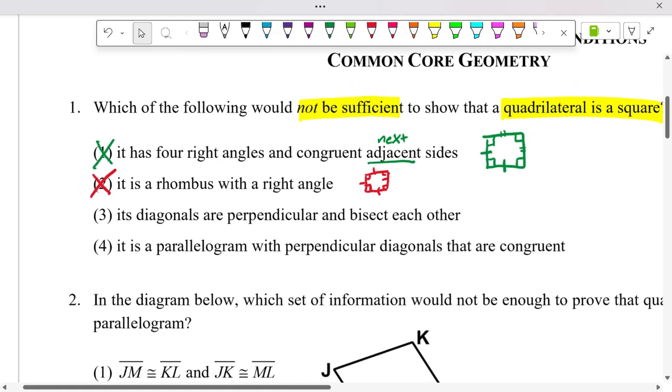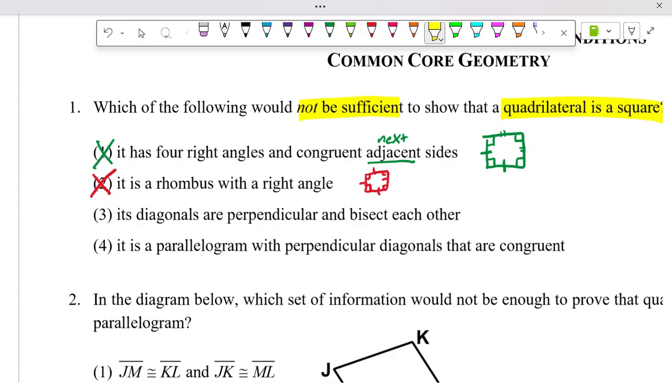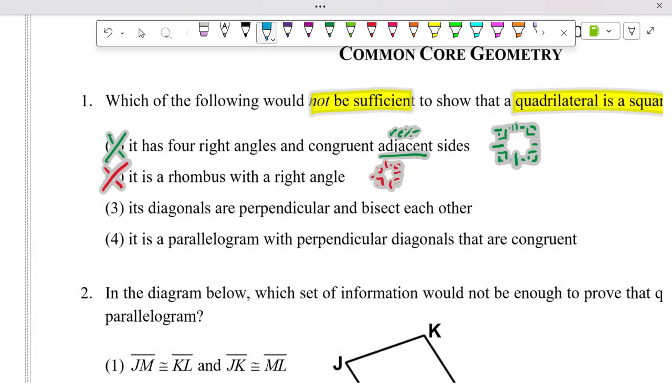Its diagonals are perpendicular and they bisect each other. So we know that a square's diagonals are perpendicular. We know that a square's diagonals also bisect each other because that's what a parallelogram does. So the bisect comes from a parallelogram.